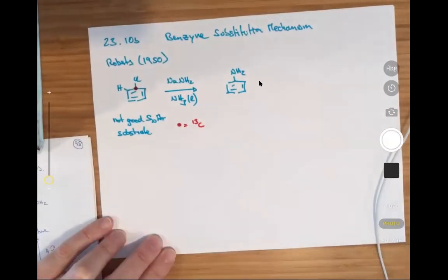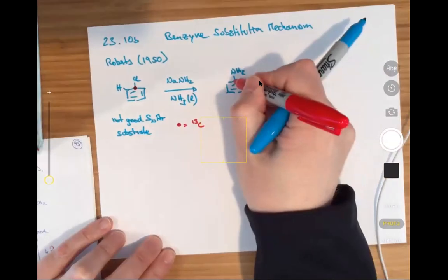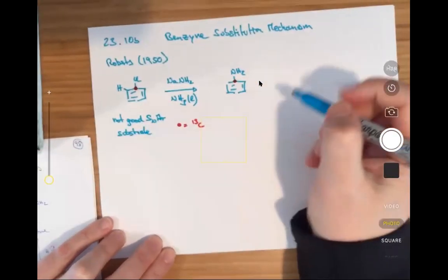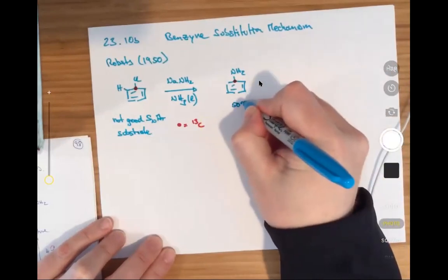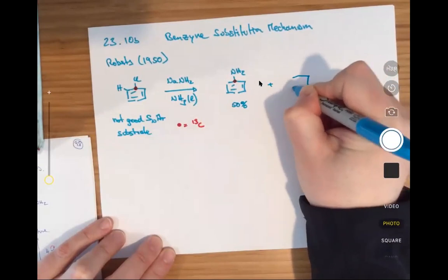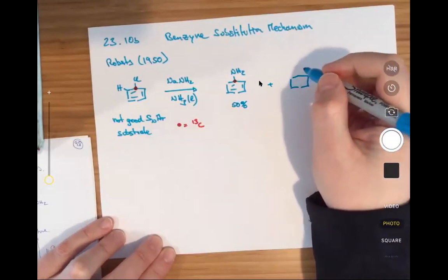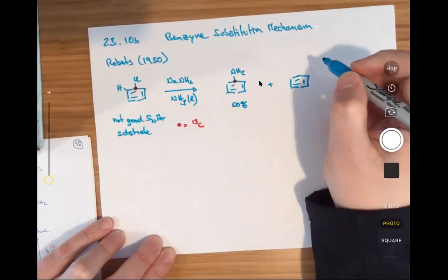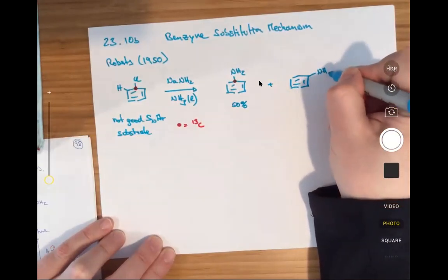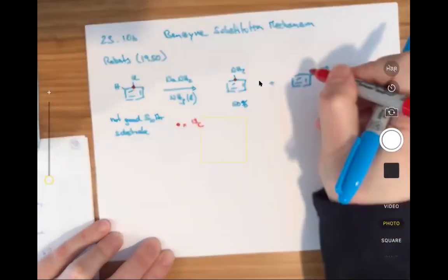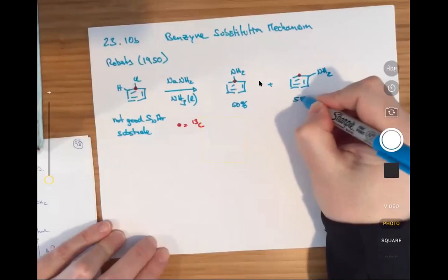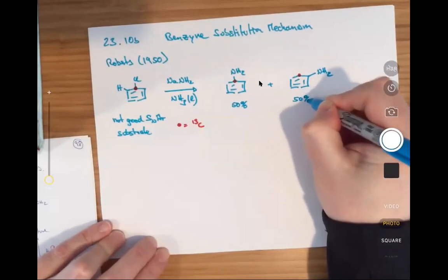The curious thing they found is a mixture of products where 50% of the time the C13 label was in this position, and 50% of the time it shifted by one position over, giving NH2 like this.